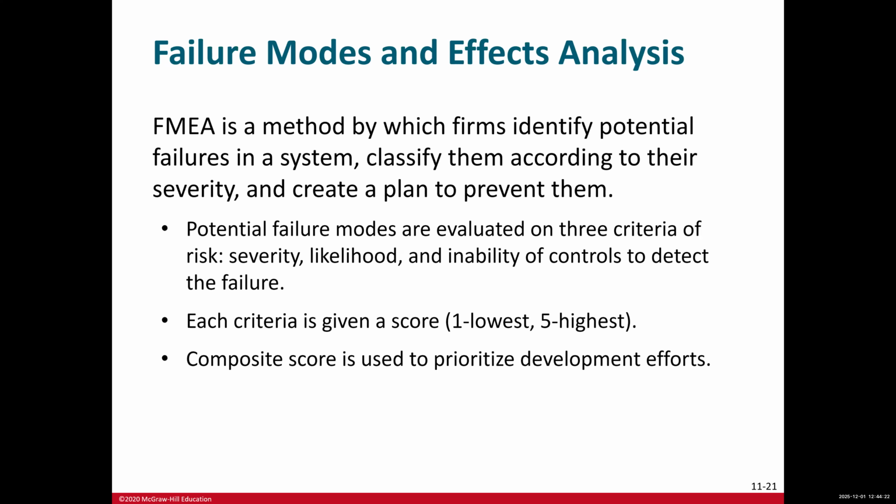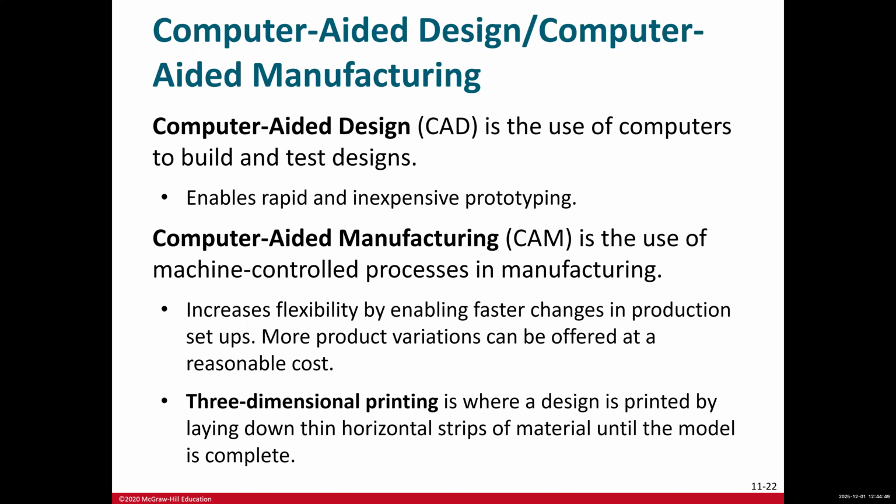For example, failure modes are the ways in which a system or product might fail, and then we prioritize these risks based on their severity, likelihood, and the ability to detect them. We want to approach those identified risks, for example, to prevent them, mitigate them, or manage those risks.